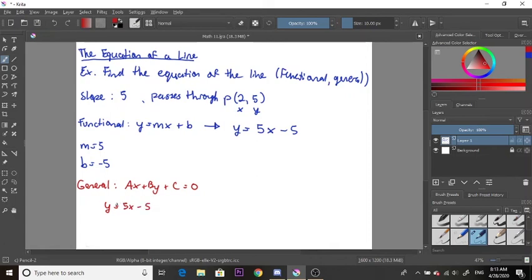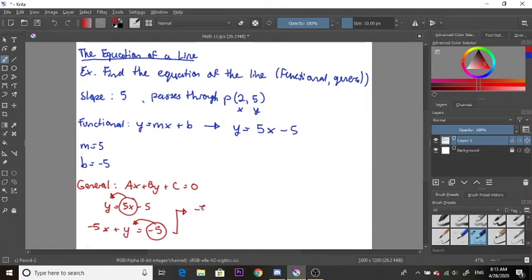I want to bring everything over to this side of the equation. So I'll bring this one over first. When I bring it over, it becomes negative 5x plus y is equal to negative 5. Now I want to make this side equal to 0, so I'm going to bring this guy over to this side here.